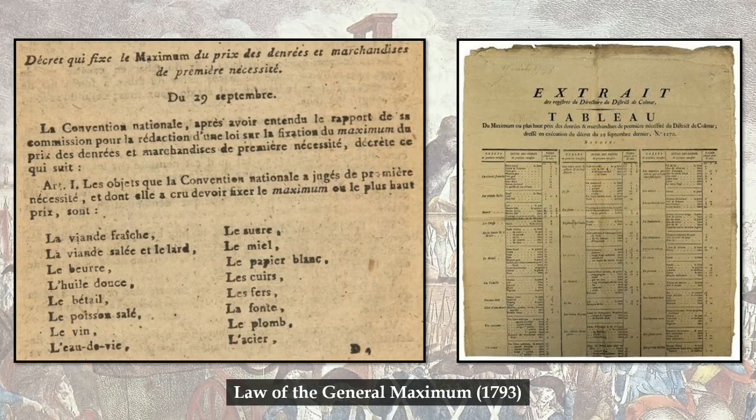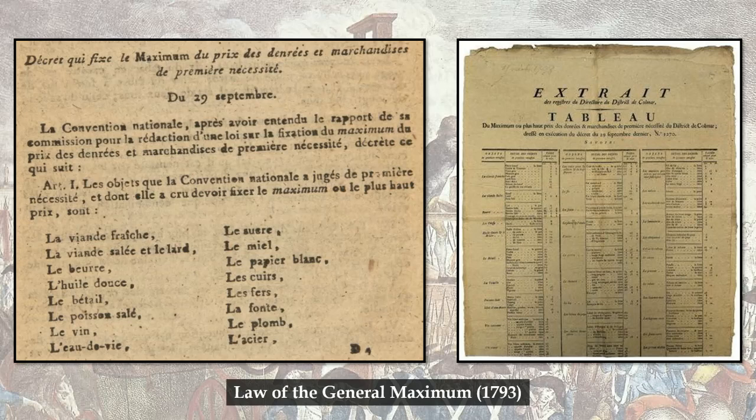Also, they enacted a series of laws to satisfy mostly the sans-culottes, which are called the social laws, such as controlling the prices and the salaries. This is the law of the general maximum, which establishes a maximum price for some products, like food.